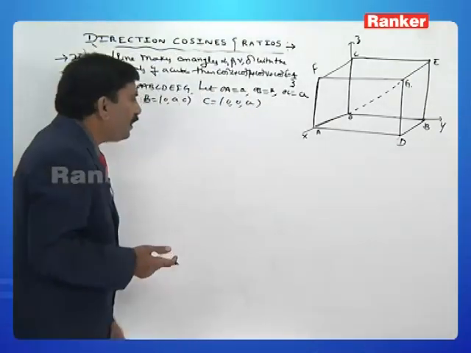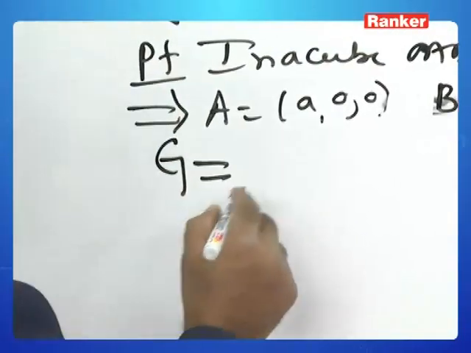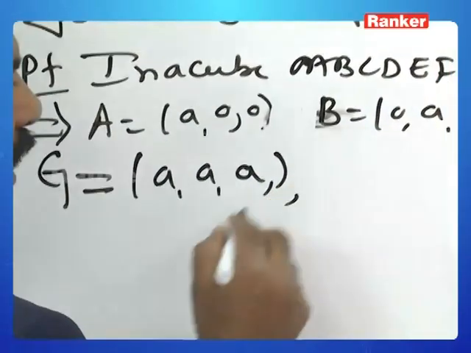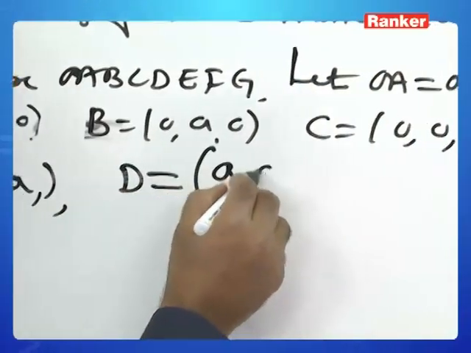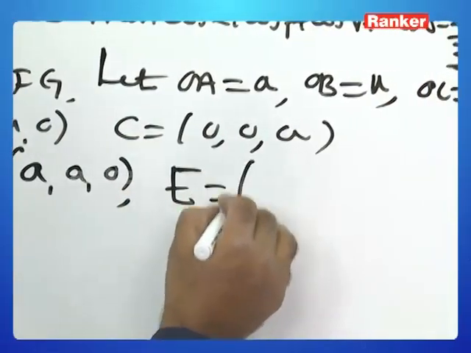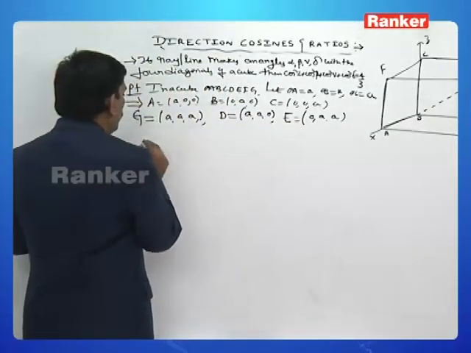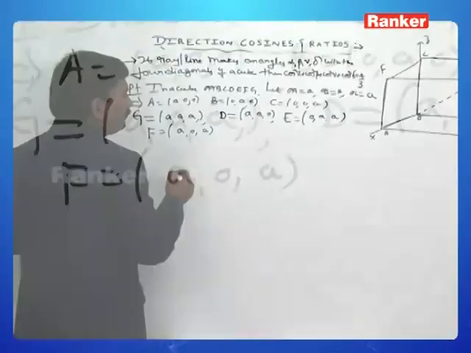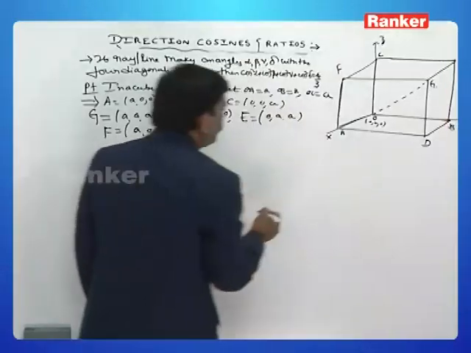So G is a point in space, I can write (a, a, a). D is a point in xy plane, (a, a, 0). E is a point in yz plane, (0, a, a). F is equal to (a, 0, a). Now O is taken as (0, 0, 0).